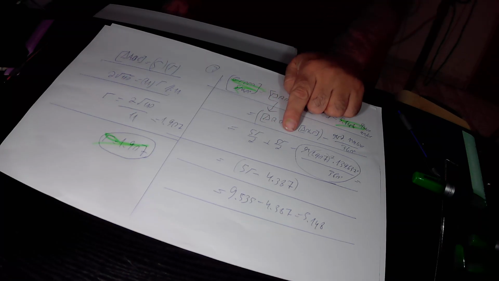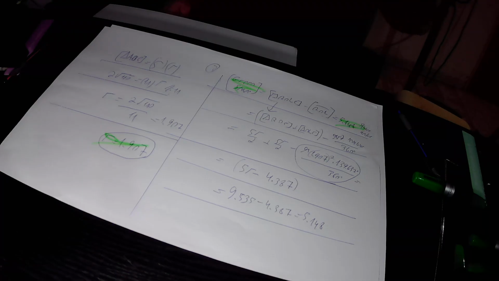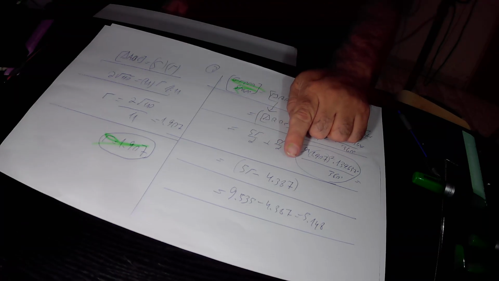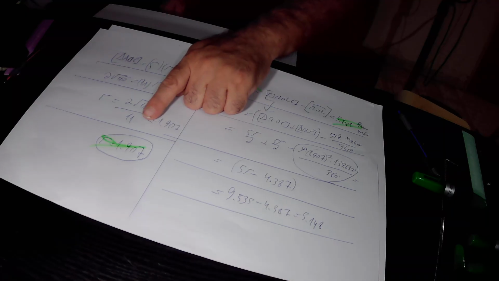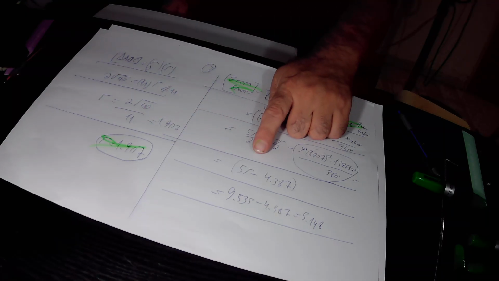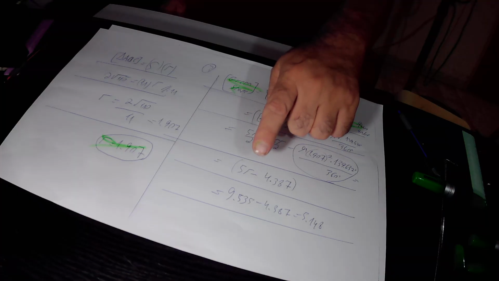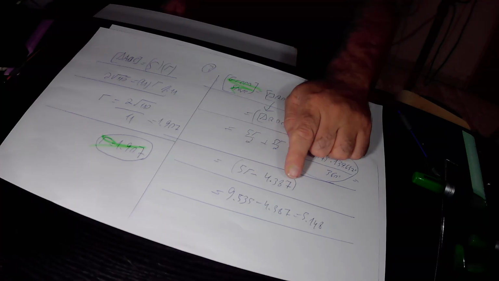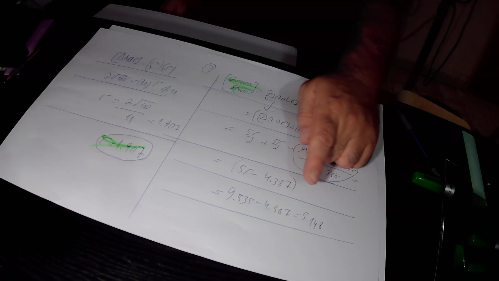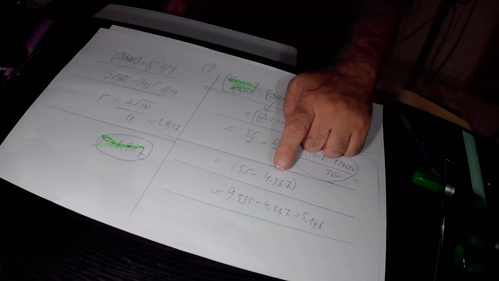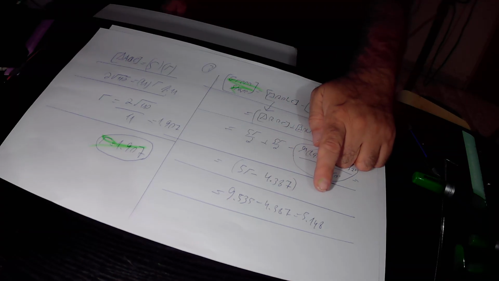5R over 2 plus 5R over 2 is 5R, so in total the area of the green shape equals 5R minus 4.387 square units in size. R is 1.907, and therefore 5R is 5 times 1.907, that is 9.535. 9.535 minus 4.387 is equal to 5.148 square units in size.